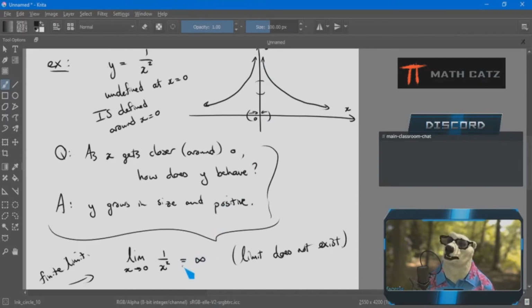Don't read too much in the equal sign. It is an appropriate symbol to use. That does not mean it exists because of this infinity that I have there. Okay, so the step towards finite limits is not a huge step. I only look at x doing other things, approaching specific numbers perhaps.